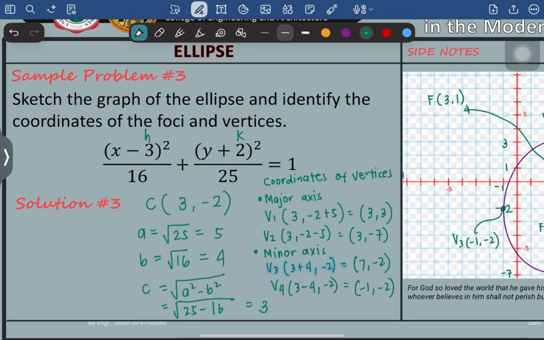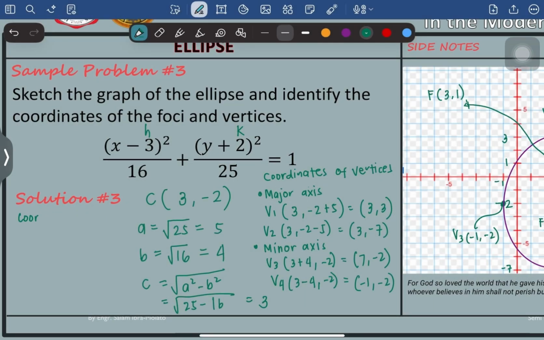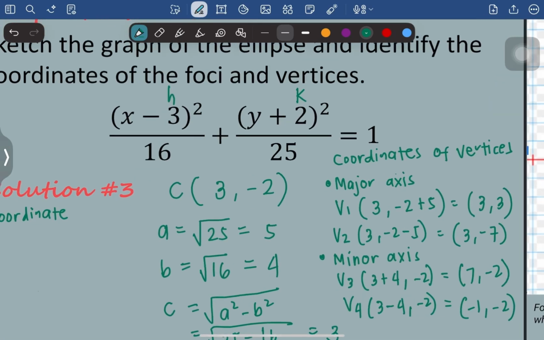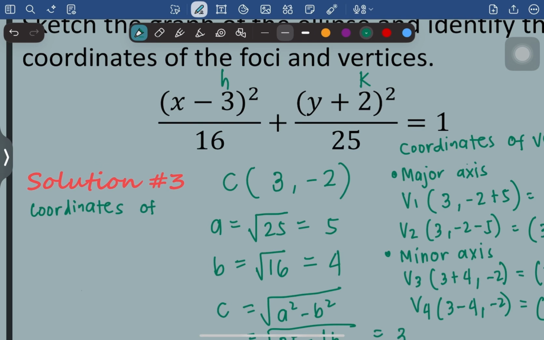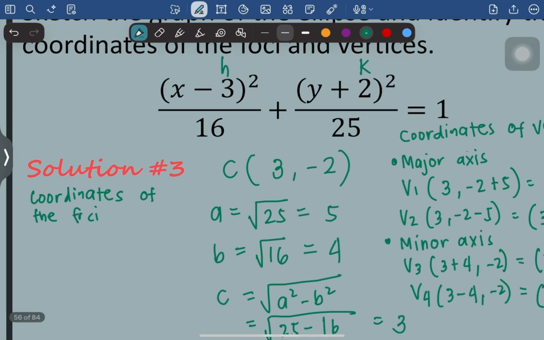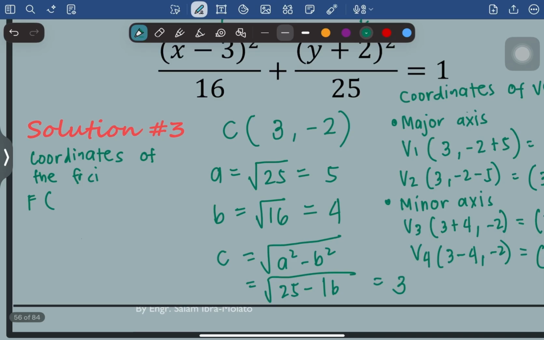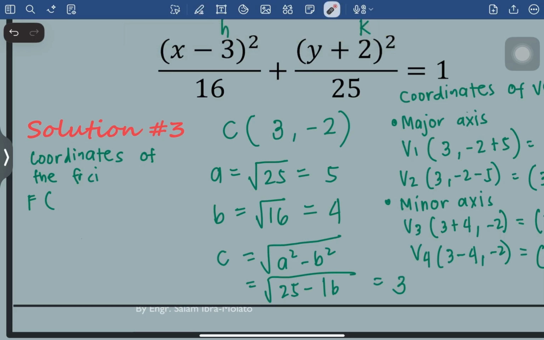Then for the coordinates of the foci, so the first focus, based from our computation, the distance from the center to one of the foci is 3.